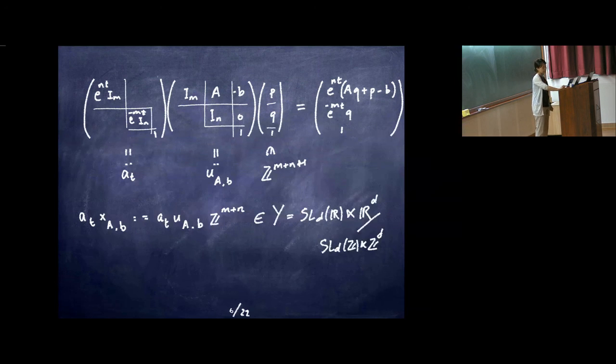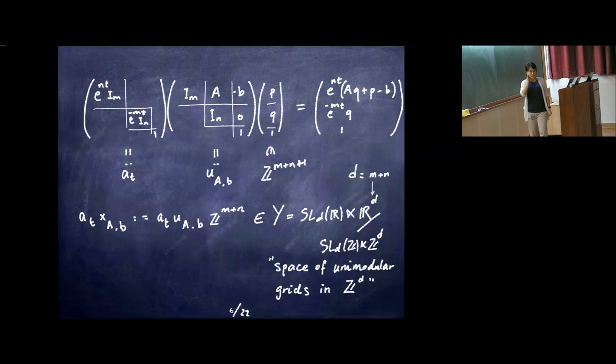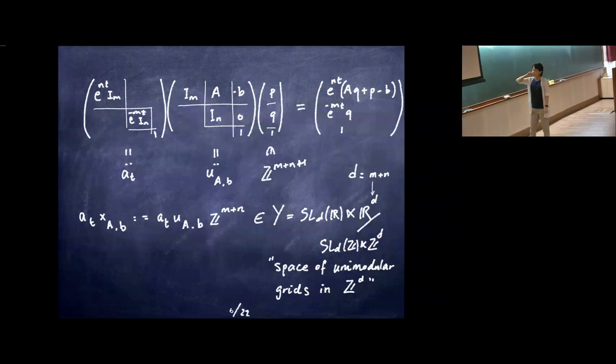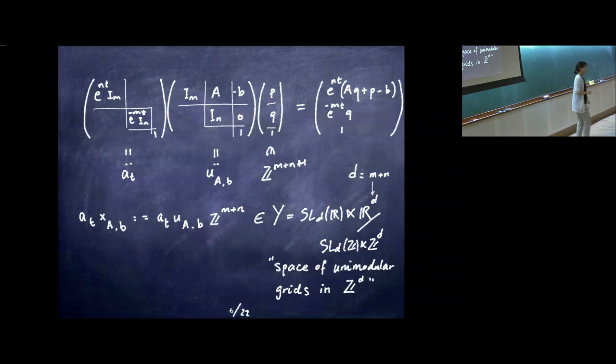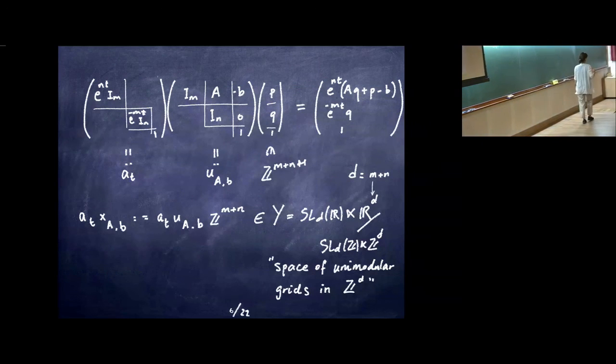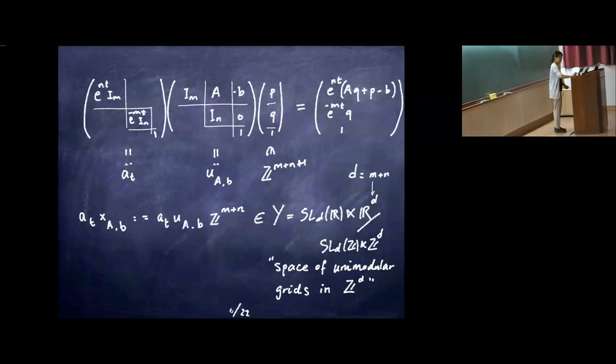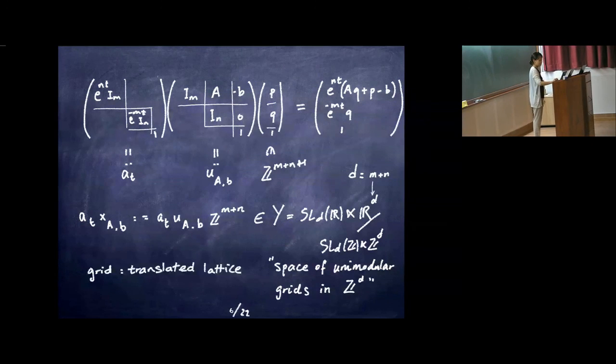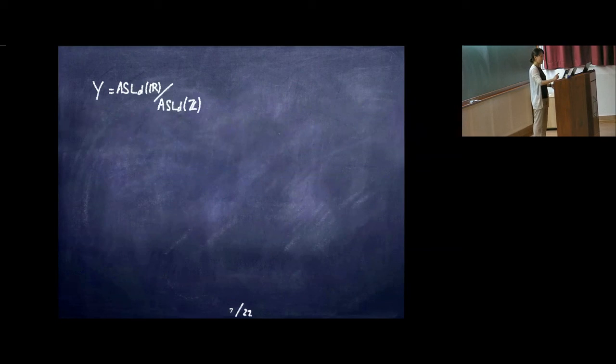It lives inside ASL_d(R), that is SL_d(R) semi-direct R^d, mod SL_d(Z) semi-direct Z^d. This was in Dmitry's lecture series. This is ASL_d(R), and this quotient Y is the space of unimodular grids in R^d, where by grids we mean translated lattices.